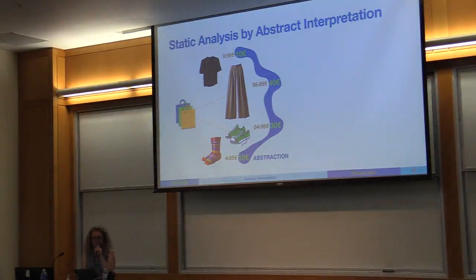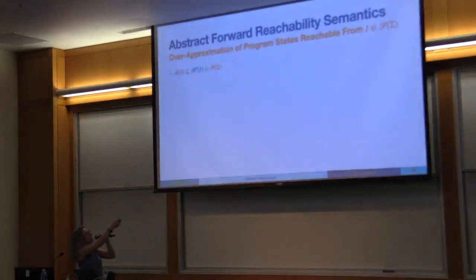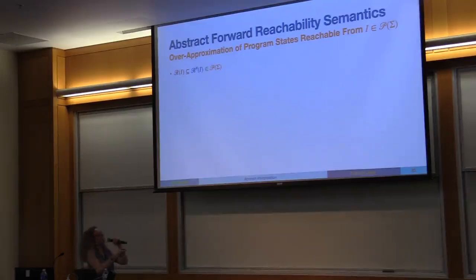So as a simple starting point, we're going to do an abstract state semantics or abstract forward reachable semantics. This is going to be this element here. So we will over-approximate the set of states that we can reach in a program. We will not compute this reachable state, but we're going to compute an over-approximation.